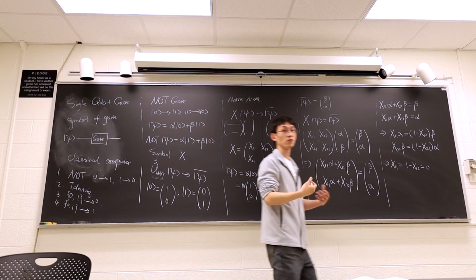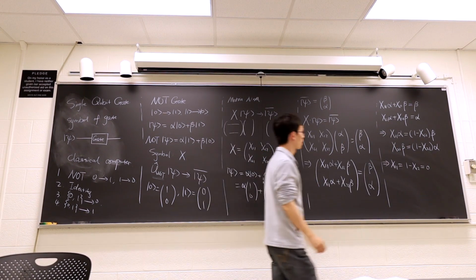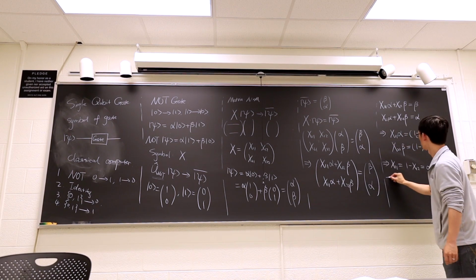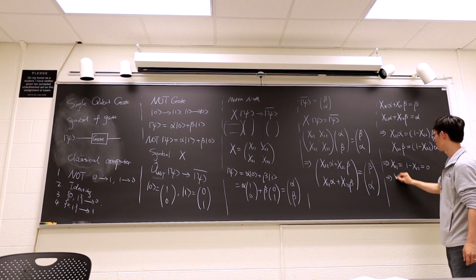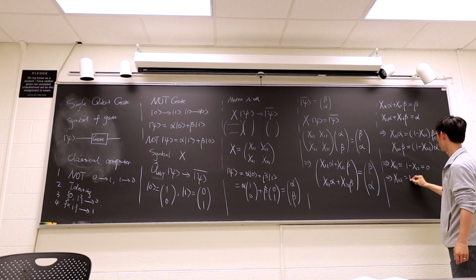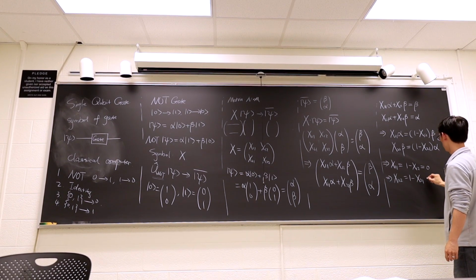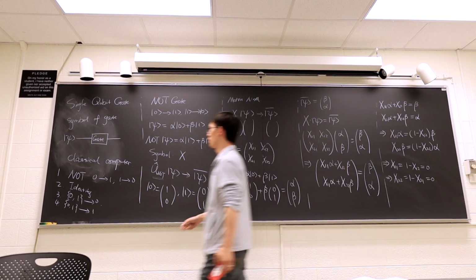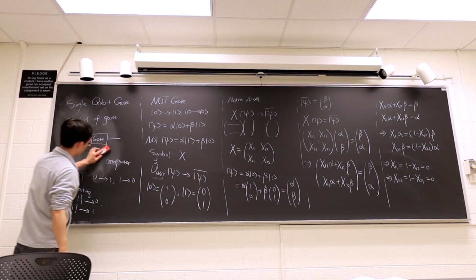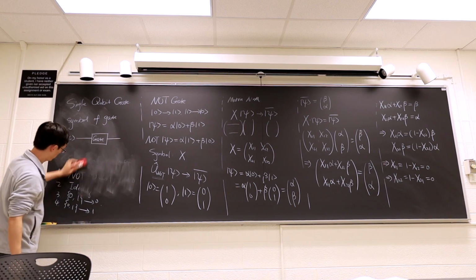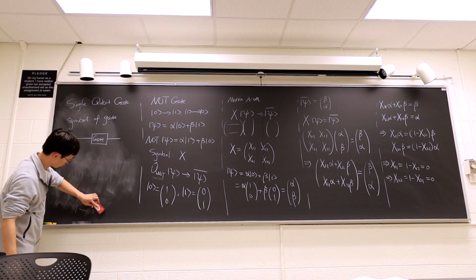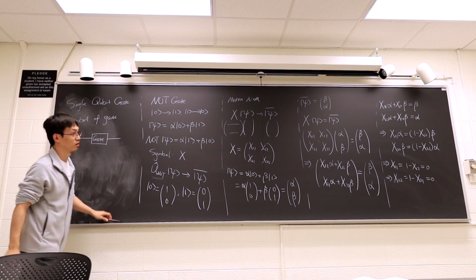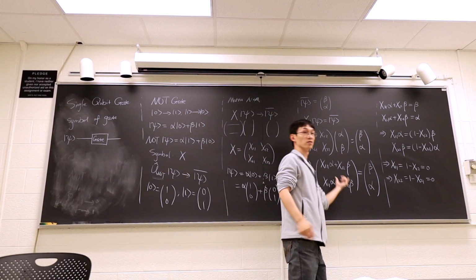So this is the only way to satisfy this. And then for the second equation, you will have x22 equals 1 minus x21 equals 0. So that you will have a matrix that flips 0 and 1 regardless of their input.